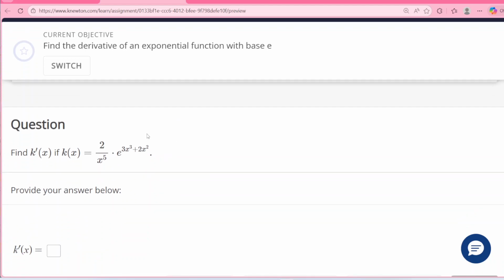Now they're mixing it up on you, right? It's not just a plain old exponential function. You have something here where I'd have to use the product rule. I'm going to rewrite this fraction as something with a negative power, so that way I can just use the product rule here. And then this exponential is not just e to the x, it's e to a function of x, this 3x cubed plus 2x squared.